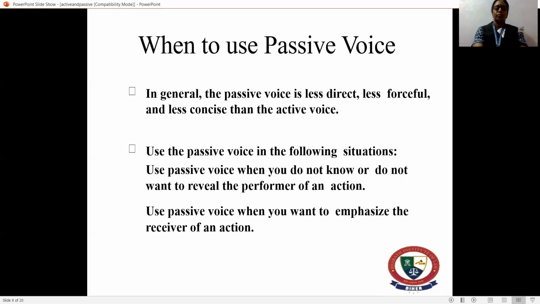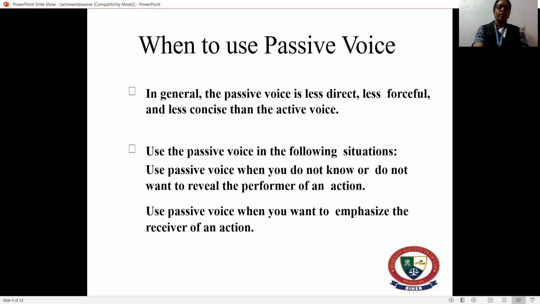On the other hand, sometimes we do not want to reveal who is the performer, who is doing what. In such cases, we use passive voice. Number one, we do not know who is doing the action. Number two, we don't want to reveal who is doing the action. In those cases, we generally use passive voice sentences.